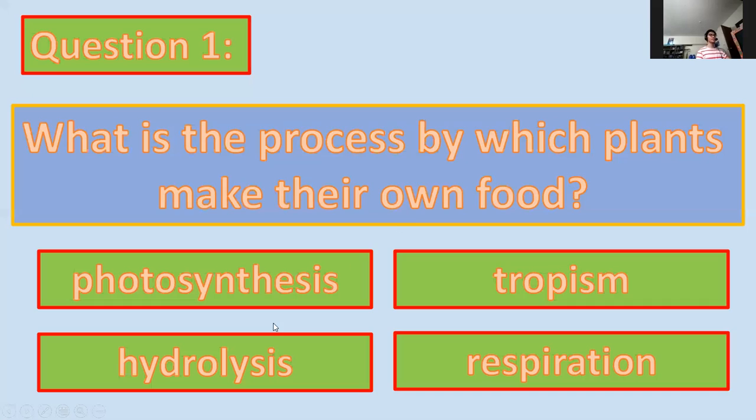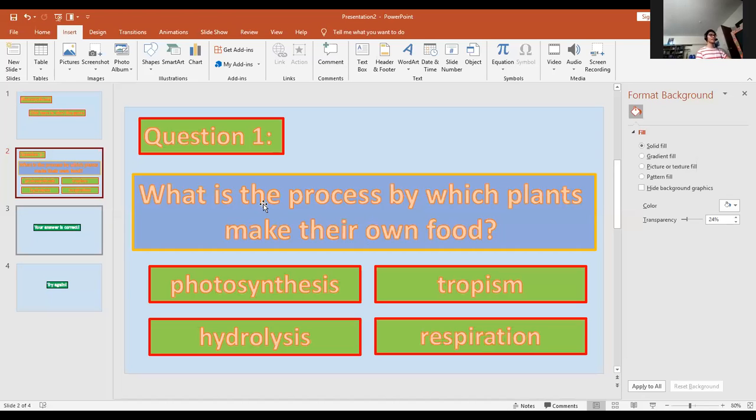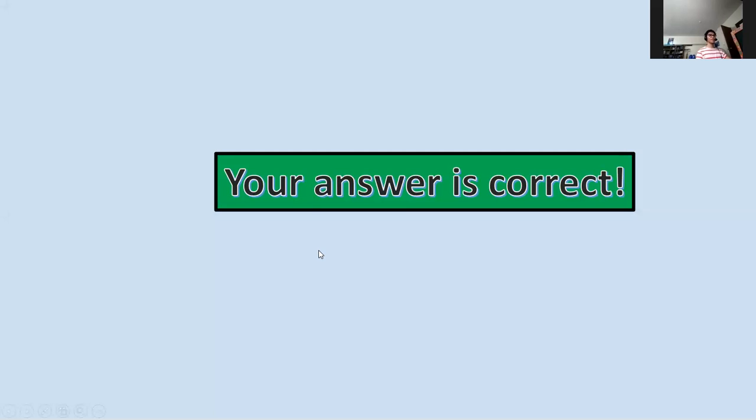Click here to start. If you click that, you will be directed to the same slide. But if you click that, okay. Let's see. His answer is correct. Your answer is correct.